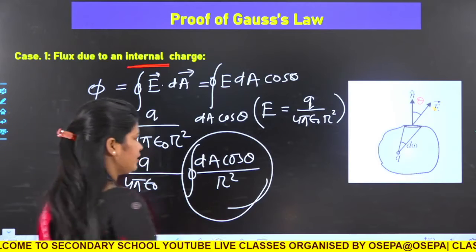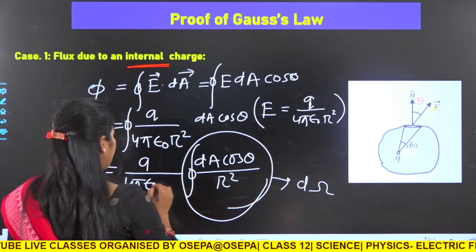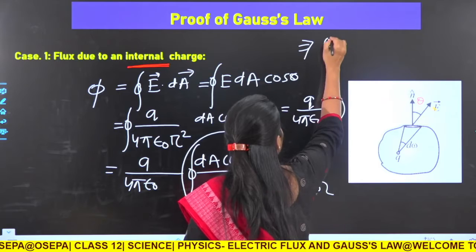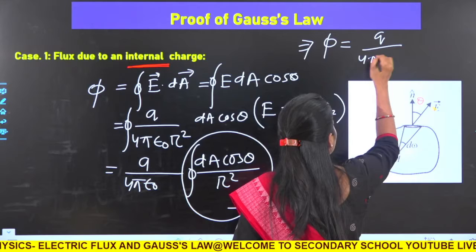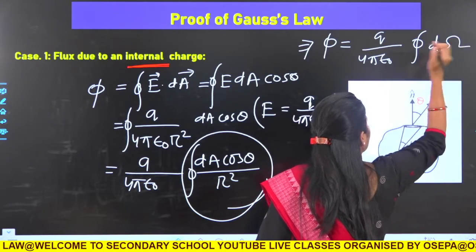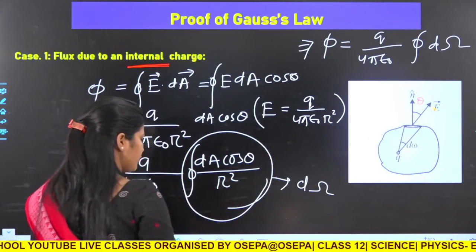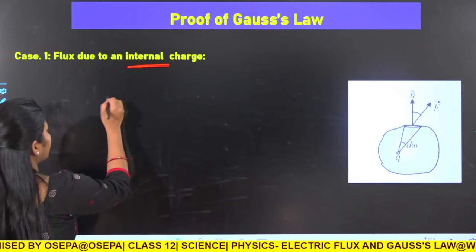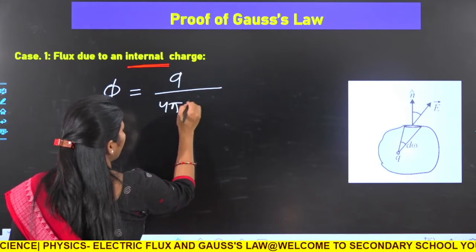This is the solid angle, d omega. Okay, so we can write this as phi is equal to Q by 4 pi epsilon naught times the integration of d omega. Then what will be the total solid angle from the closed surface? We know phi is equal to Q by 4 pi epsilon naught.